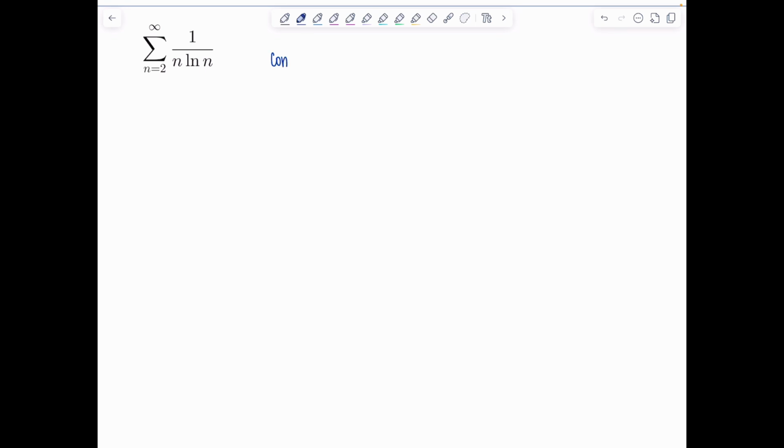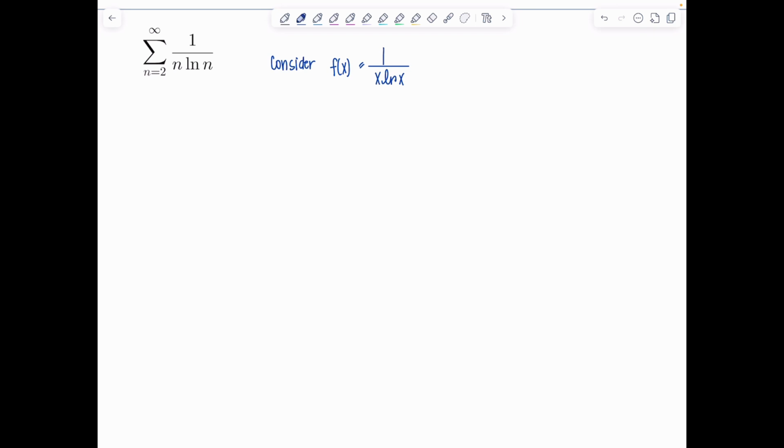Okay, so let's consider a function f of x, which equals 1 over x ln of x. It looks hideous. Okay. So first I want to check, is f continuous on the interval from 2 to infinity? Well, what's the domain? So natural log, its domain is from 0 to infinity, right?